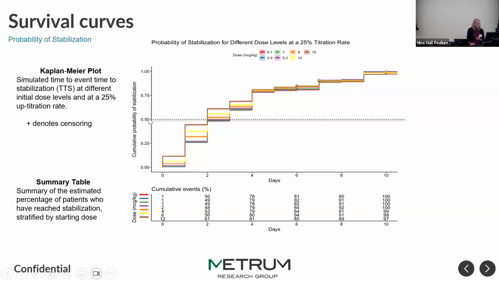We have this curve, and we can draw this cut line across at 50% probability. We see here that, in terms of time to stabilize, the starting dose really doesn't make that much of a difference. They're all collapsed on top of each other. So regardless of starting dose, we can achieve stabilization in anywhere from 2 to 4 days, or so our model predicts. That was one finding.